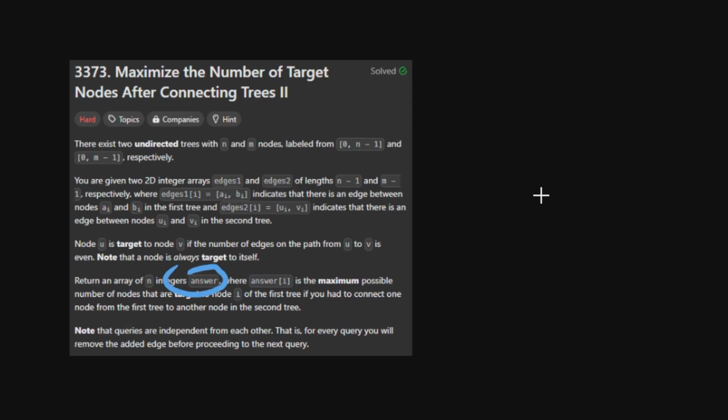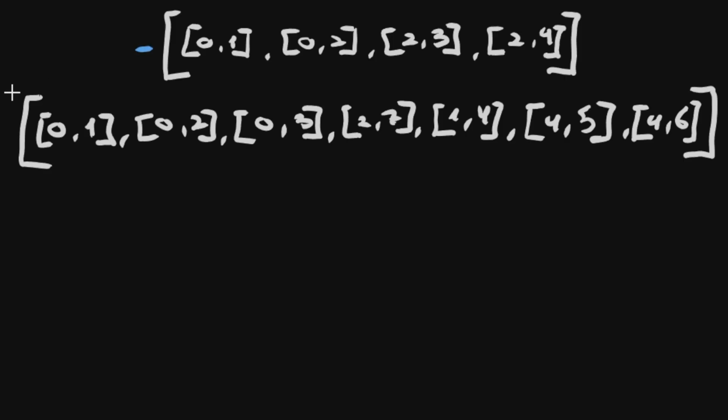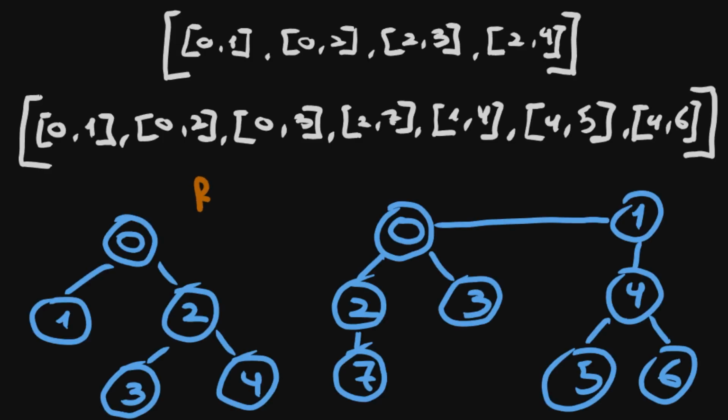Let's see what this means with an example. Let's say we have these edges. Let's say this is edges 1 and this is edges 2, and from this we can build these graphs. The result is initially an empty array, and we start here at index 0. So we start with this node, and this is the source.